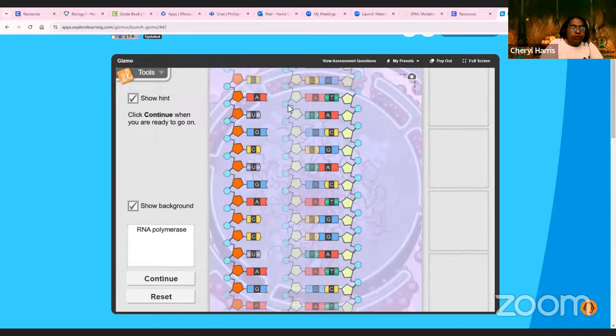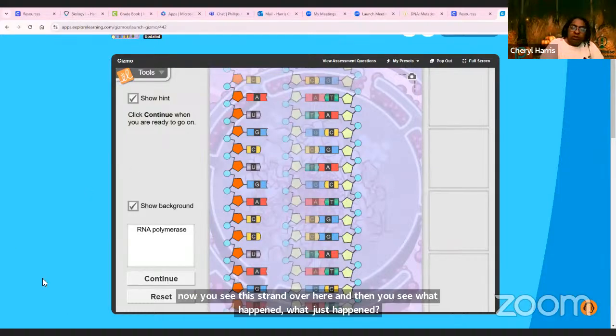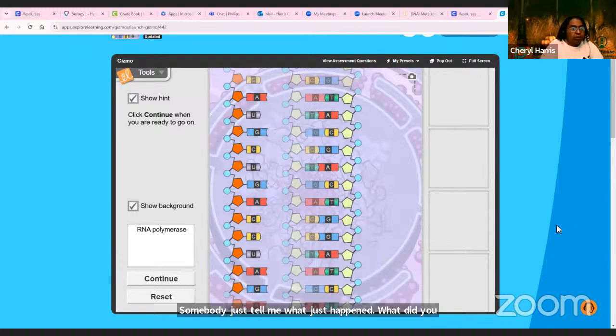Now you see this strand over here, and then you see what happened. What just happened? Somebody tell me what just happened. What did you just see happen? How would you describe what you see here? What did the DNA do? What did the RNA do?